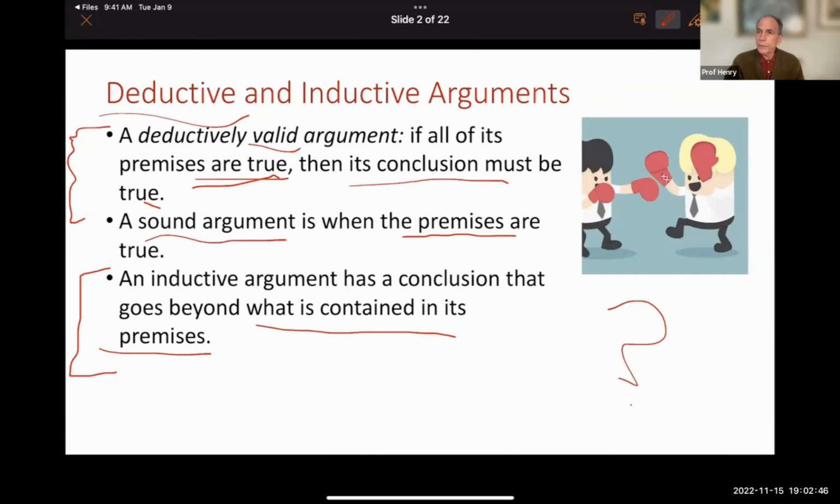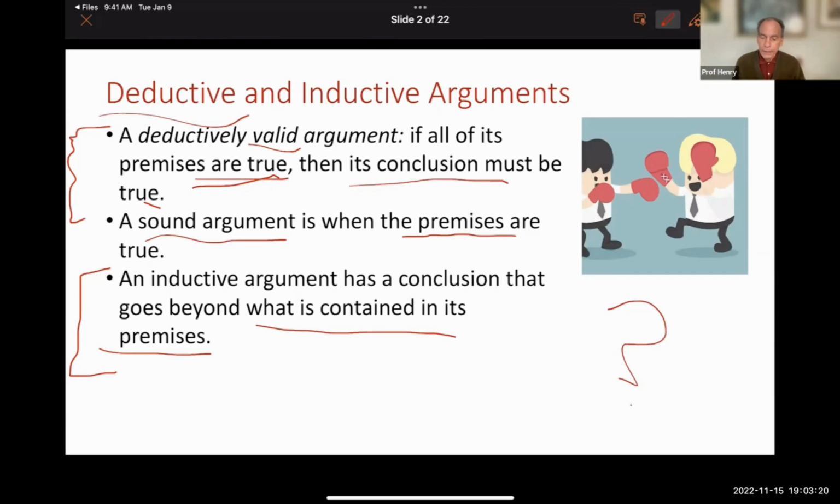With inductive arguments, could you either show that the premise is false, or add another premise to show that it's false? With the repair guy, you could come in with another premise: the cleaning lady touched the computer and dropped it accidentally. That's another premise.